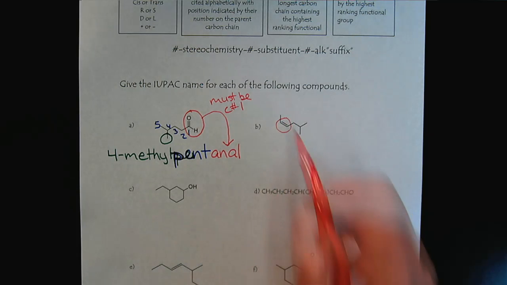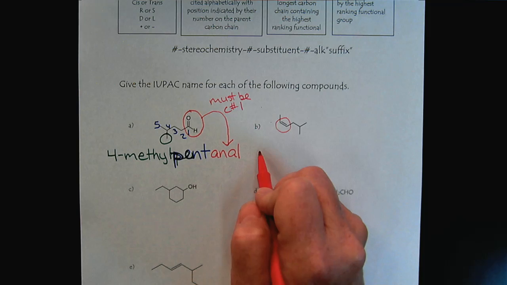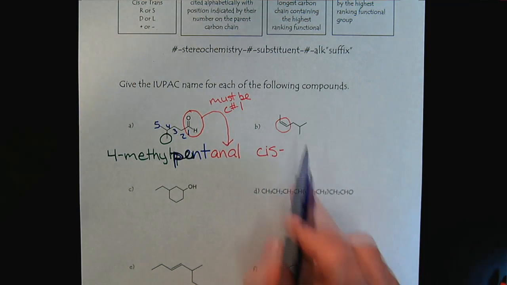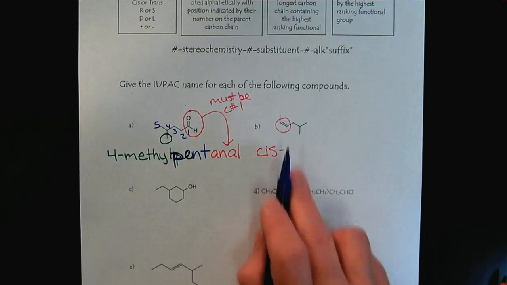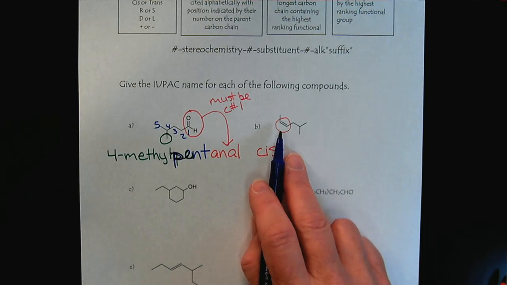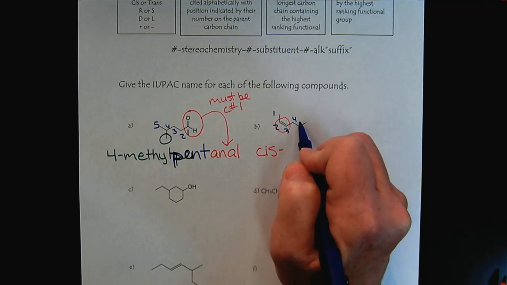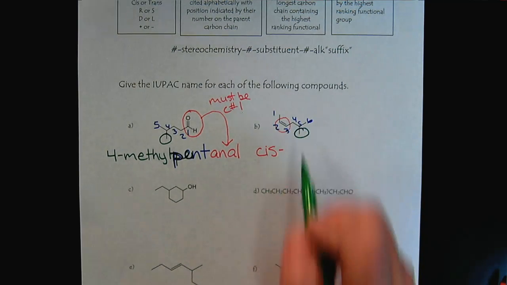Okay, let's move to our next example. We find we have an alkene, and we notice that it has the stereochemistry of cis. We're going to number to give the longest continuous carbon chain with the double bond having the lowest possible number. 1, 2, 3, 4, 5, 6. And once again, we have one branch.